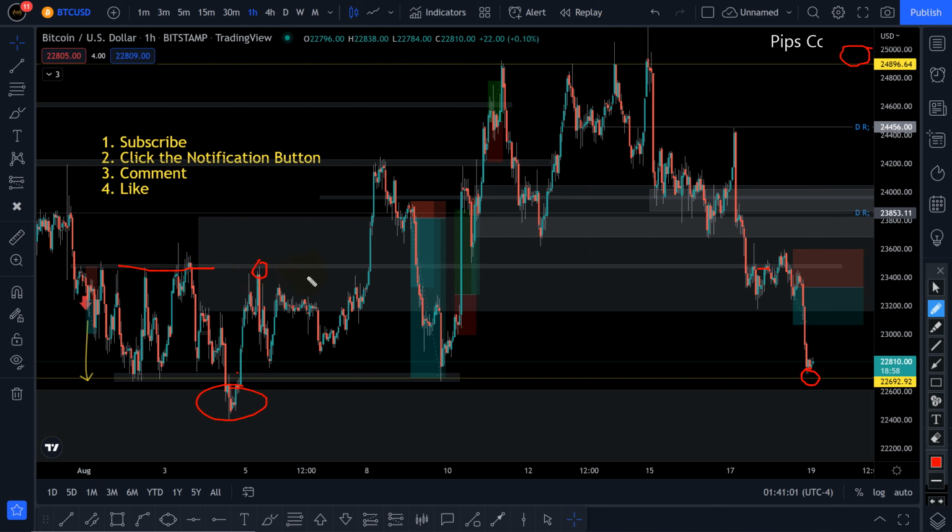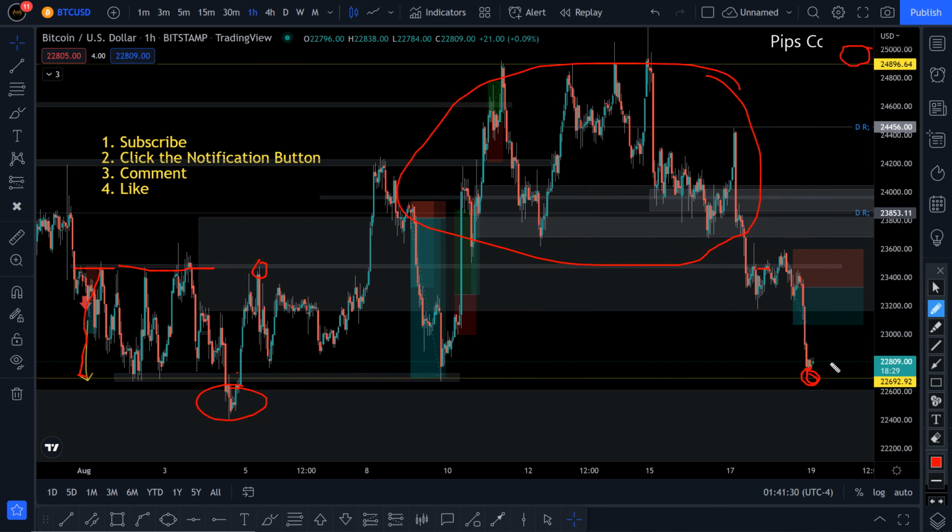And as you can see, price has been respecting this kind of fundamental rule. It comes into this range. This is the range I'm talking about. It comes into this range, it taps this level. It goes below it, comes back in, taps the top, goes above it, comes back in, taps the bottom. So everything above this range and everything below this range will be considered as fake.